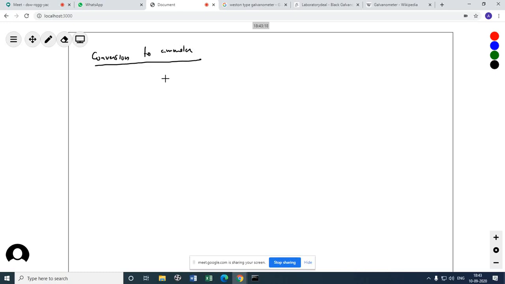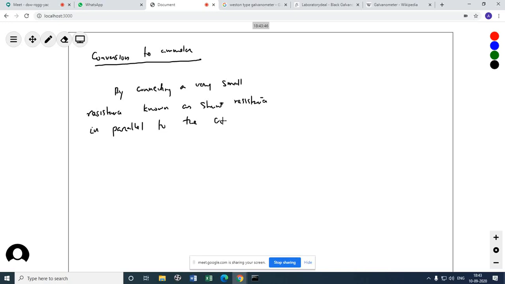Please write it: a galvanometer can be converted into an ammeter by connecting a very small resistance, known as shunt resistance, in parallel to the galvanometer.